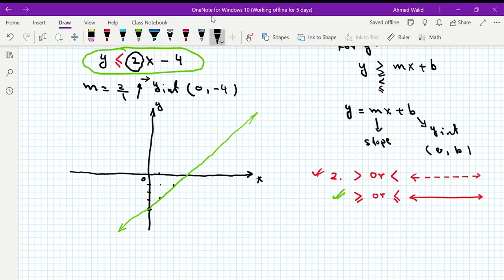In your book, when you graph a linear inequality, you have to shade the interval that satisfies the linear inequality. What does it mean? Shade the side of the graph that satisfies the linear inequality.